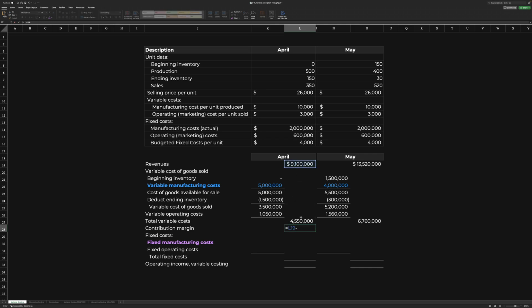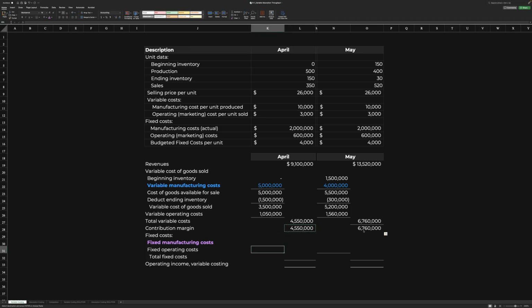Take our revenues, subtract our variable costs, and we get a contribution margin. The contribution margin for May will work out to 6,760,000. Now we can go ahead and deal with our fixed costs.